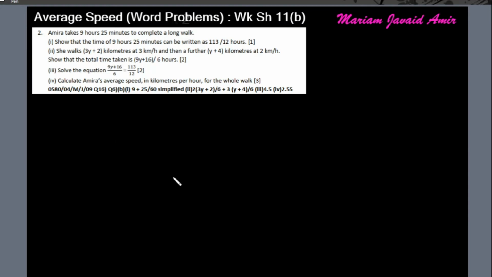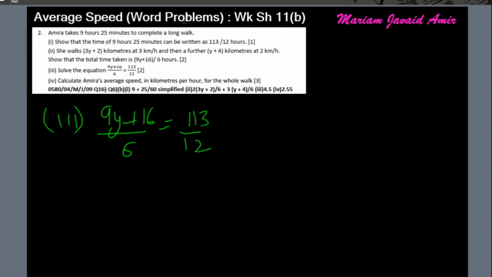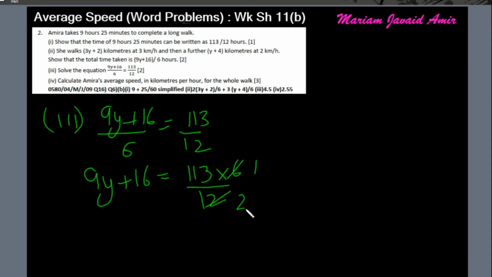Solve this equation for part 3. So for part 3, we're going to solve the given equation. Solving means finding the value of the variable, which is y in this case. So take 6 to the other side. 113 times 6 over 12, which makes this 113 over 2.